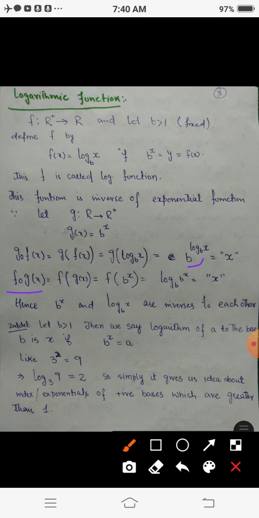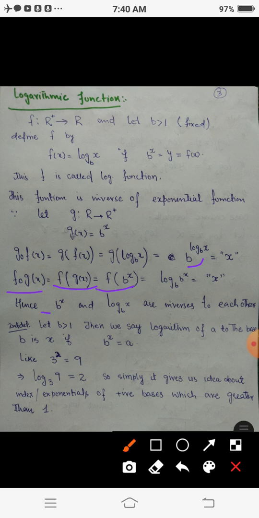Similarly, fog is f of g of x. Now g(x) is defined by b^x, and f(x) is log x, so f(b^x) is log of b^x with base b, which is x log b, which is simply x, because log of b with base b is 1.